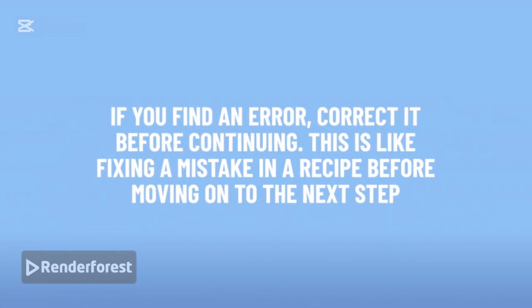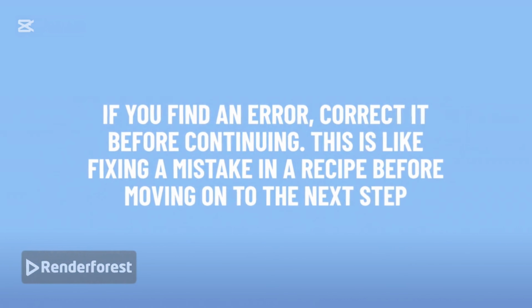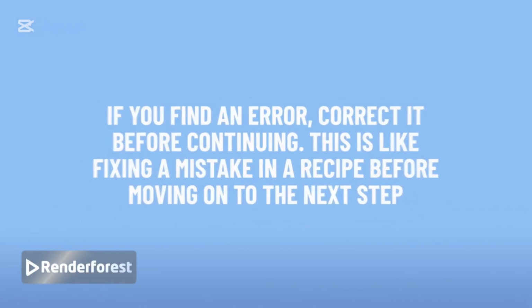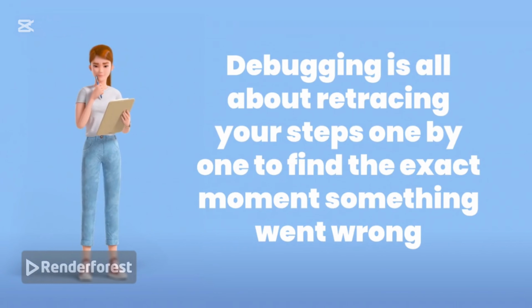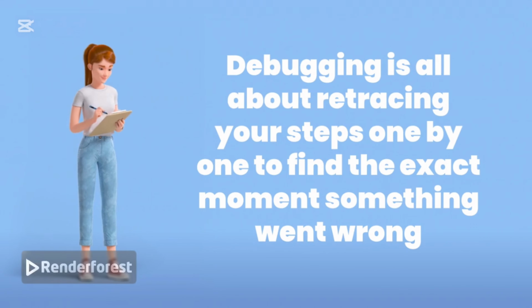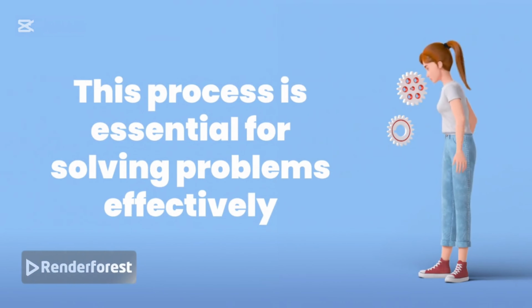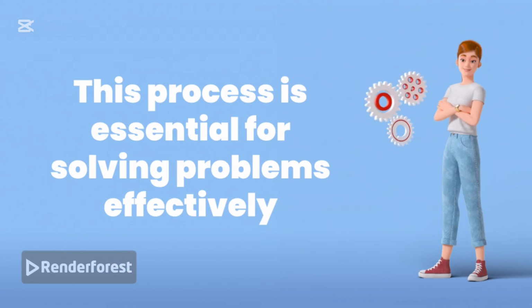If you found an error, correct it before continuing. This is like fixing a mistake in a receipt before moving on to the next step. To sum up, debugging is all about retracing your steps one by one to find the exact moment something went wrong. And this process is essential for solving problems effectively.